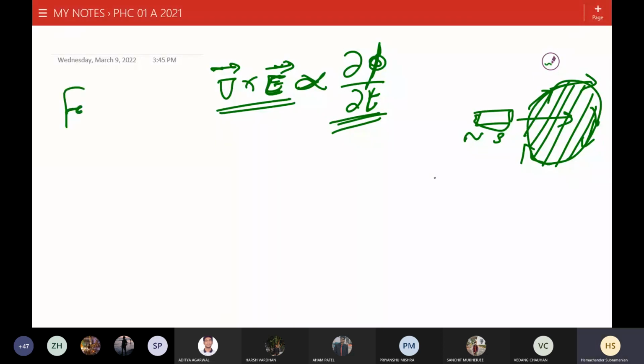That's Faraday's law. You have studied this, right? So what we're doing is just writing an equation for Faraday's law. This equation basically explains everything about Faraday's law.